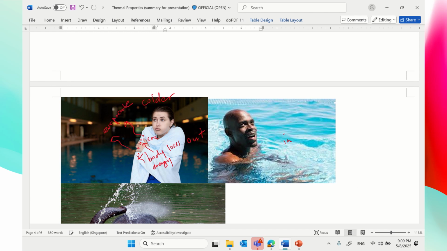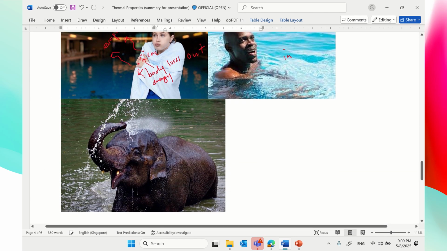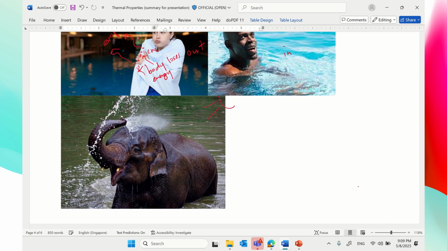All right. Now, similarly, an elephant under the hot sun would like to spend his time at the pool by sprinkling water on his body, because he also knows that when water on the body evaporates, for the water molecules to evaporate from the skin, the water molecules need to absorb energy from his body.